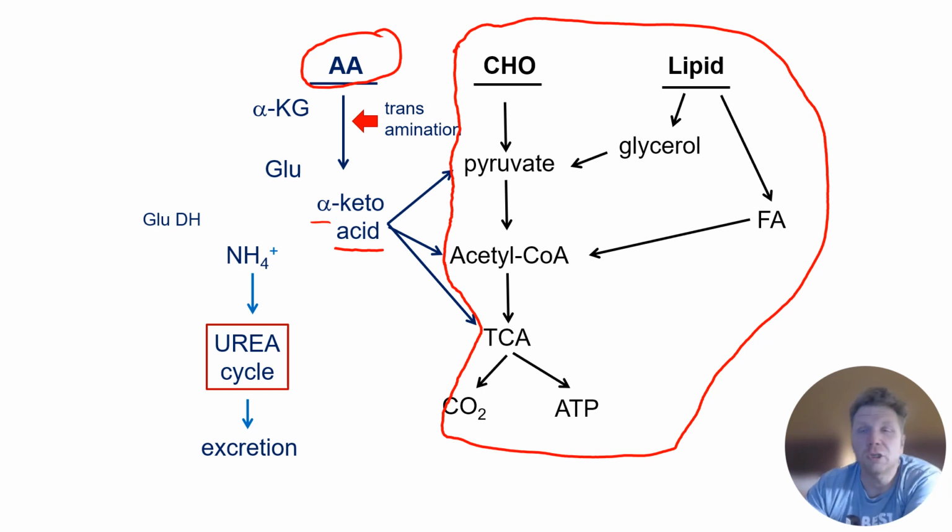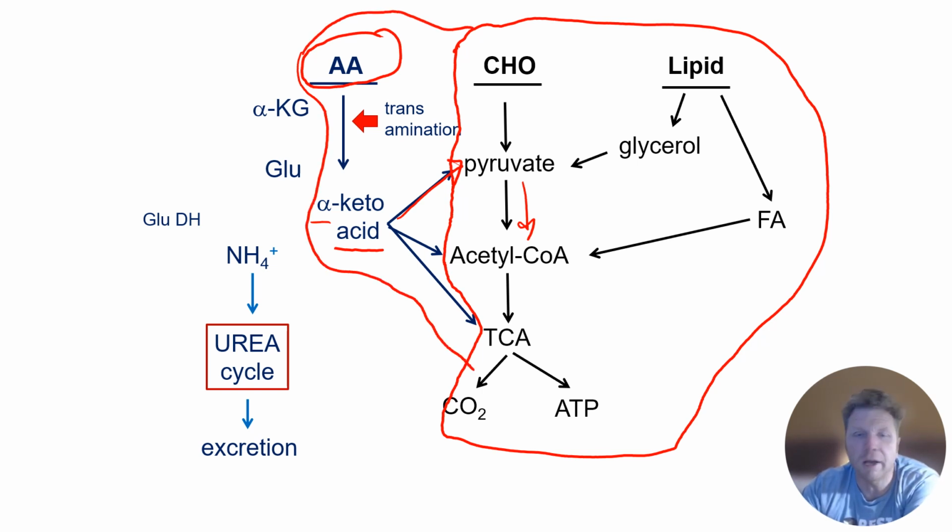Yeah, especially if it's taking place in the cytosol. Well, if you're making pyruvate in the cytosol, what are you going to do? You're going to plug it into right here, and it's going to go through the citric acid cycle, and you're going to be able to break that down into CO2. Okay, so there's that. We've kind of brought in amino acids into that fold.